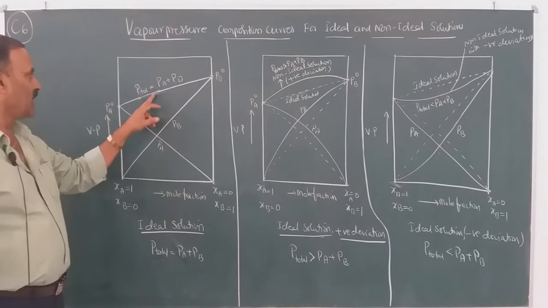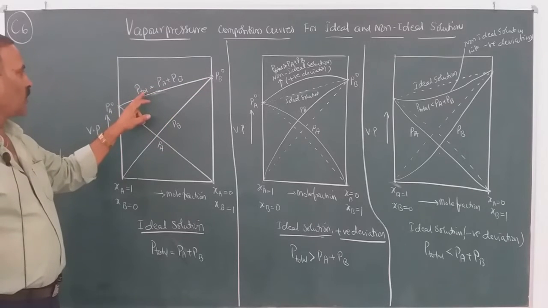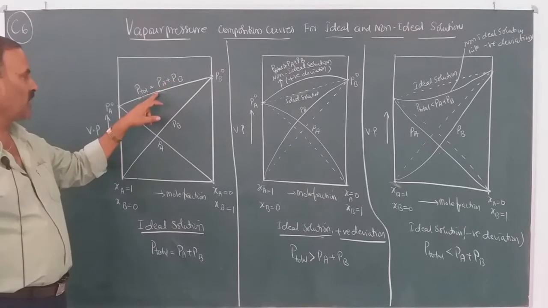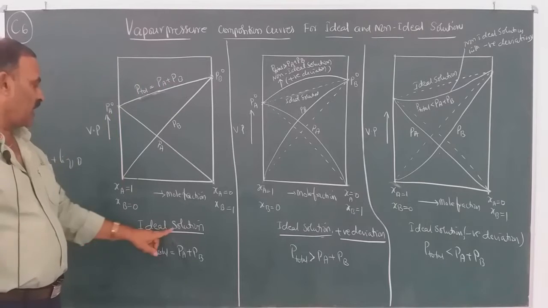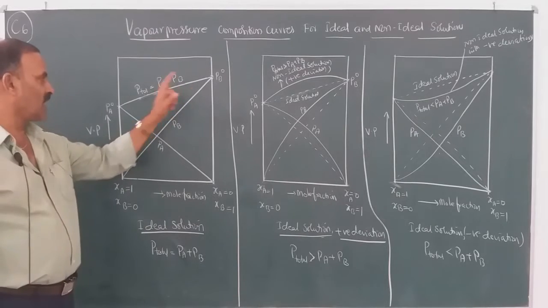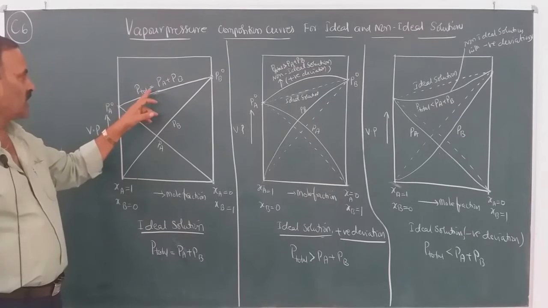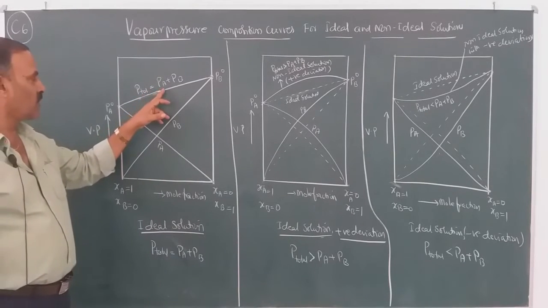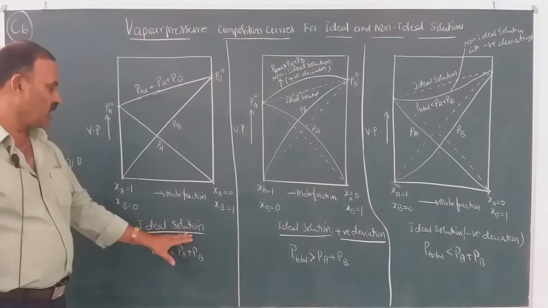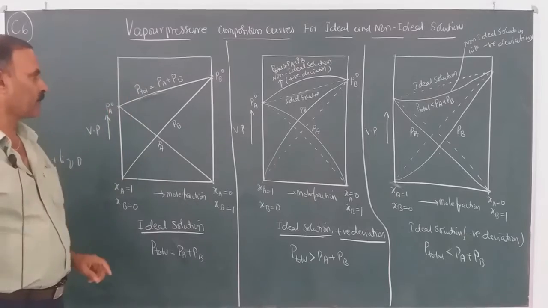This line indicates the total vapor pressure of an ideal solution, that is, the total vapor pressure is always equal to the vapor pressure of A plus the vapor pressure of B. That means for an ideal solution the vapor pressure composition curve is always a straight line, and at any composition the total vapor pressure of the solution is the sum of the vapor pressure of liquid A and the vapor pressure of liquid B. So bear in mind, for an ideal solution the vapor pressure composition curve is a straight line.